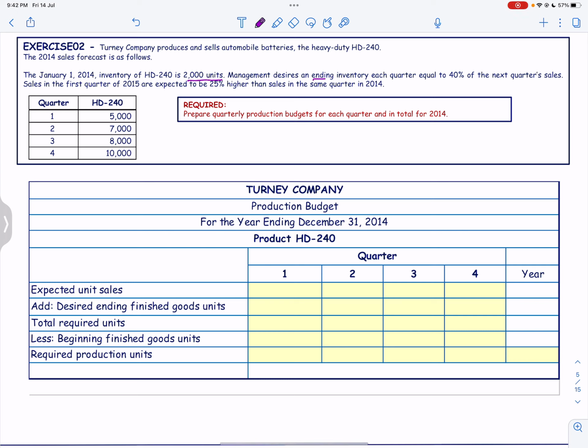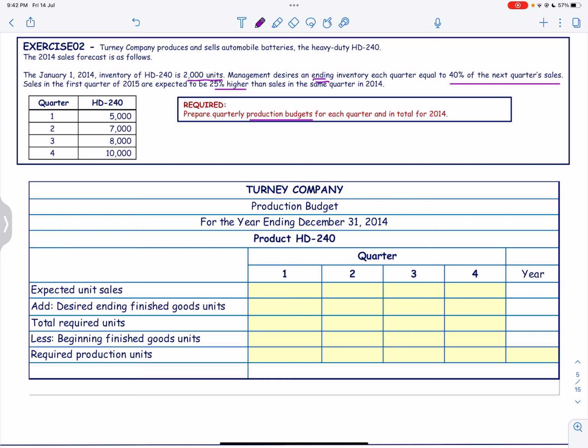Management desires an ending inventory for each quarter equal to 40% of the next quarter's sales. Sales in the first quarter of 2015 are expected to be 25% higher than sales in the same quarter of 2014. We have to prepare the quarterly production budgets for each quarter and in total for 2014.